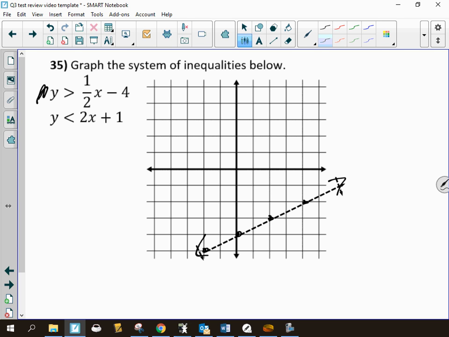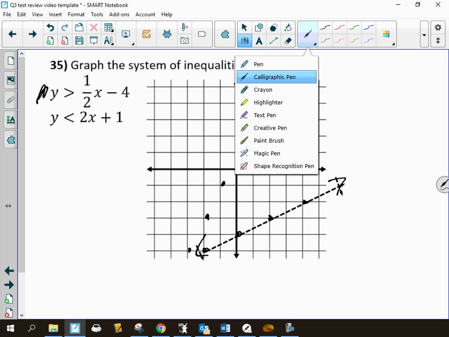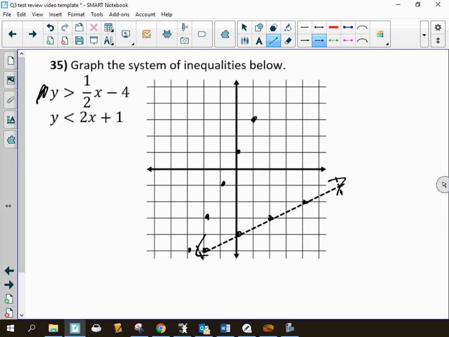And then the next line will start at 1 with a slope of 2. And we'll be shading down from that line. So I'll do another dotted line here. I'll use a different color this time just for clarity. So down from this line and up from this line, our shaded area is in here.